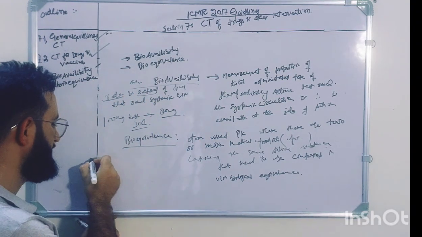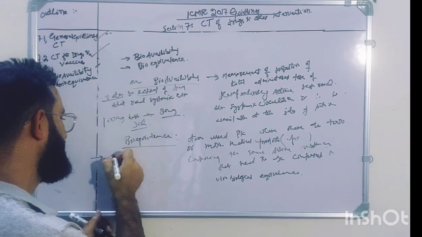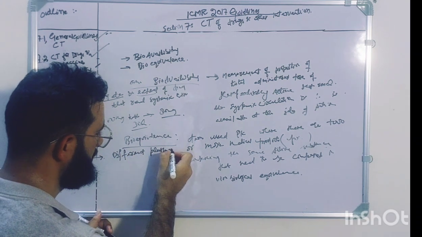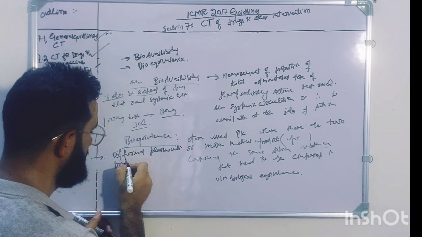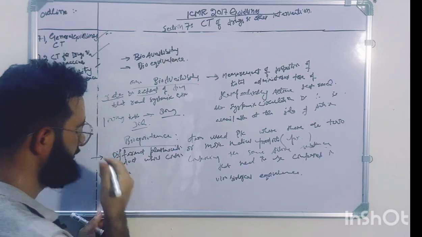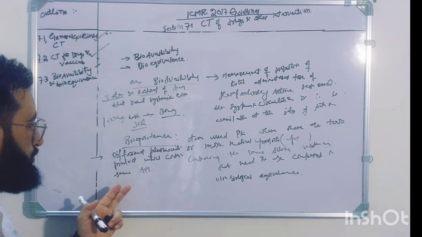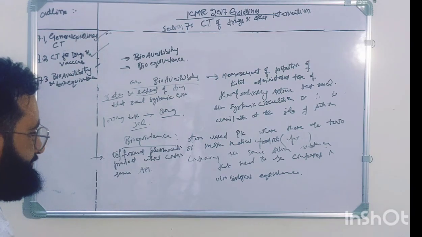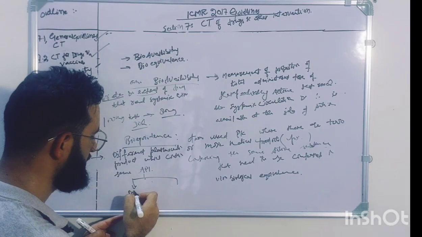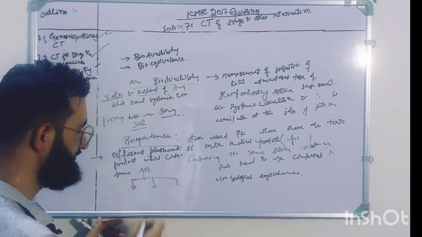And bioequivalence, in simple terminology, we can say, is different pharmaceutical products which contain the same API, active pharmaceutical ingredient, but may differ in dosage form, for example tablet or capsule.